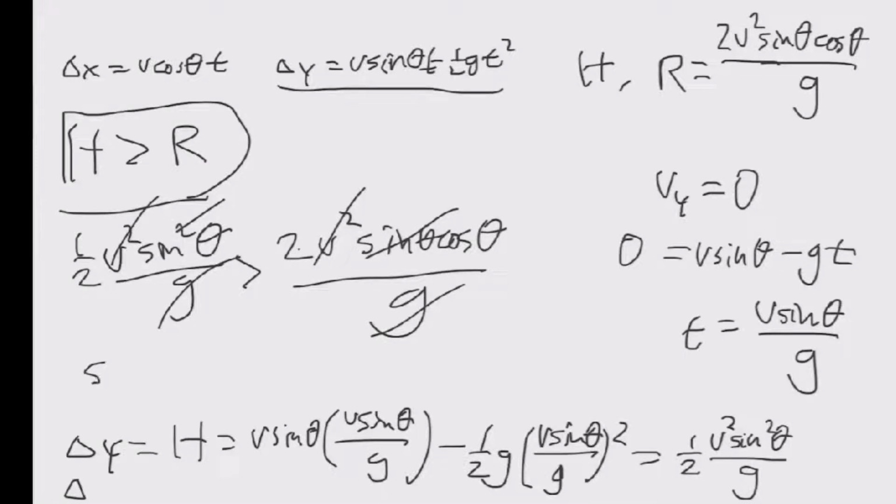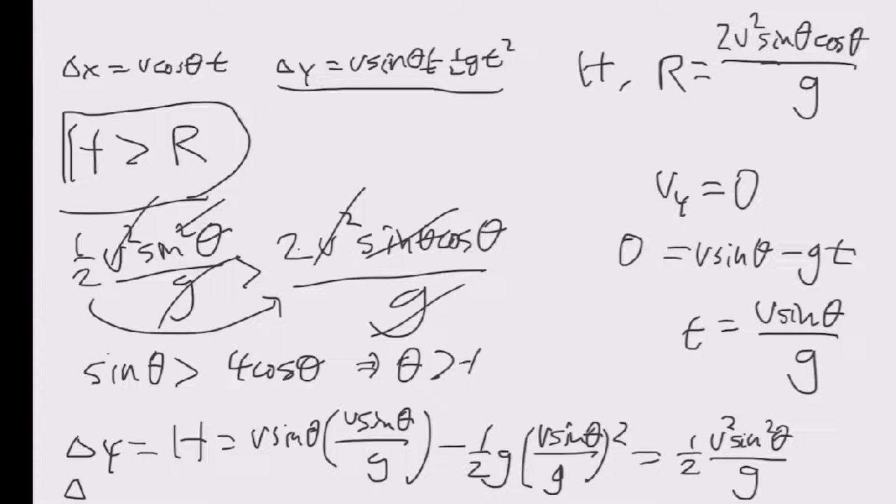We're left with sine theta is greater than 4 cosine theta if we bring the 2 to the other side. Or basically theta is greater than arctangent of 4, which is approximately 76 degrees, as many of you got.